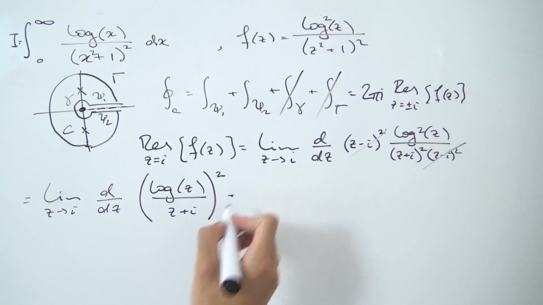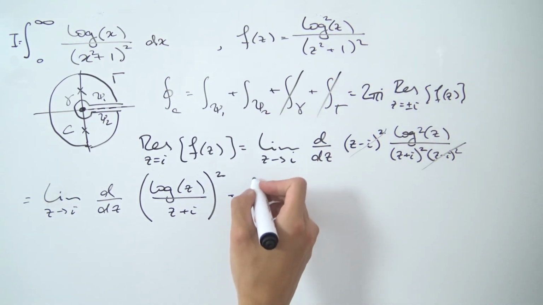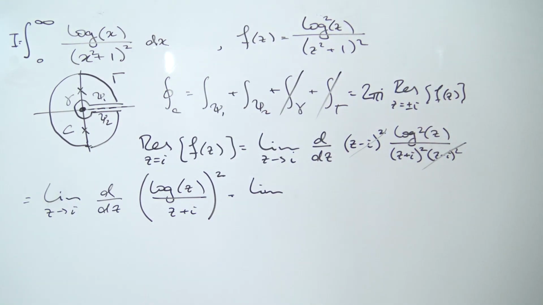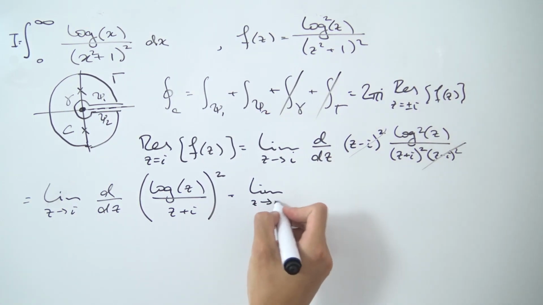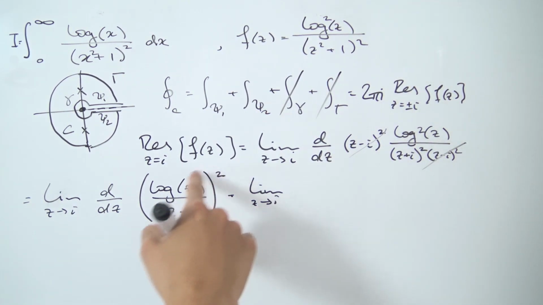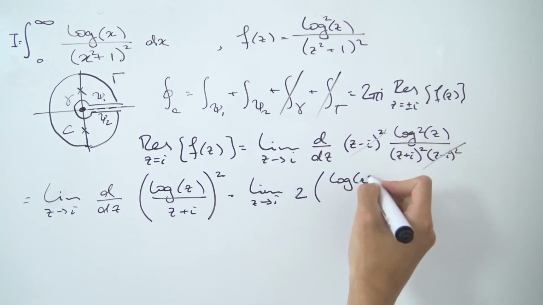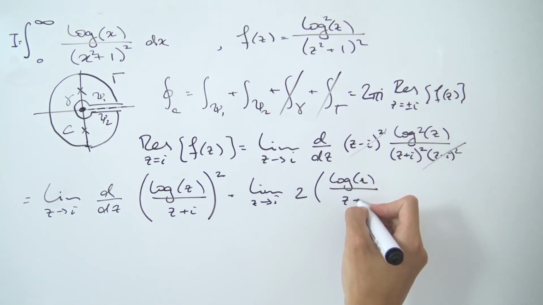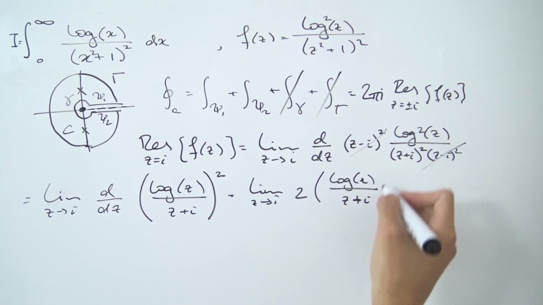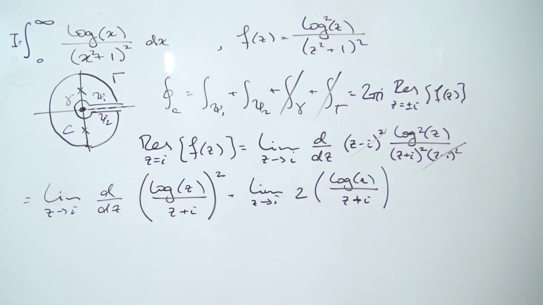So evaluating the derivative, we can use the chain rule. The limit as z approaches i of, power rule first, 2 log of z over z plus i, and then we multiply by the derivative of the inside.